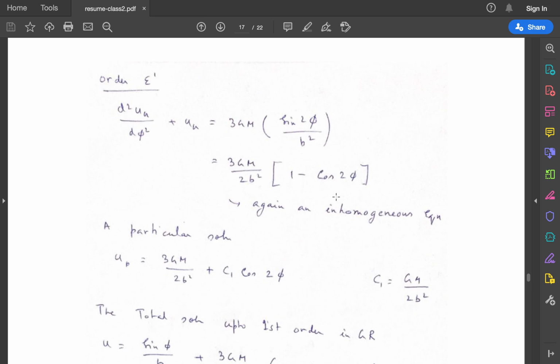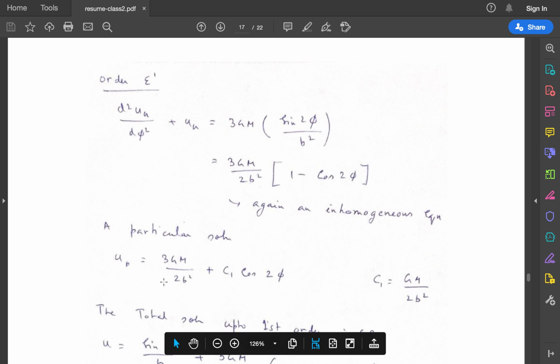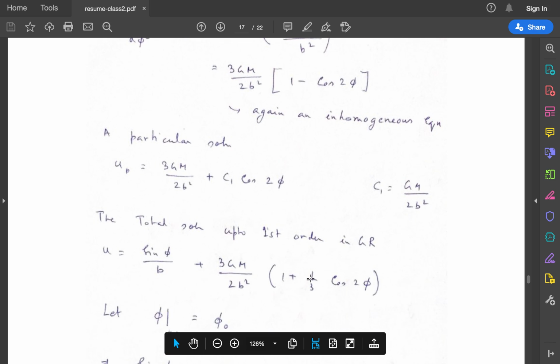This is again a nonlinear solution which has a particular solution, and let the particular solution be of this form, where C1 equal to Gm by 2s b square. So the whole particular solution is 3Gm by 2s b square, C1 plus 2 cos 2 phi.